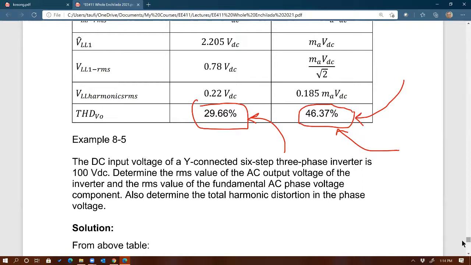Reactive components, right? You learned from 212 that reactive components, ideally, do not absorb power, right? P of L is equal to 0. P of C is equal to 0. Yes. So if you have an LC filter like this, you are providing a low impedance path for the high frequency to go to ground and the 60 hertz to go to the load, right?